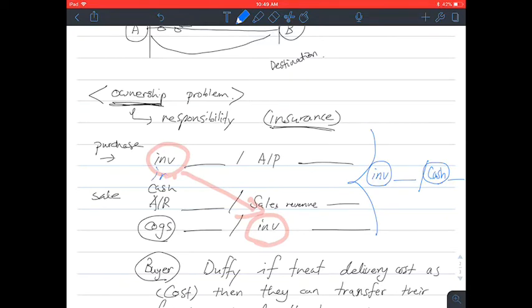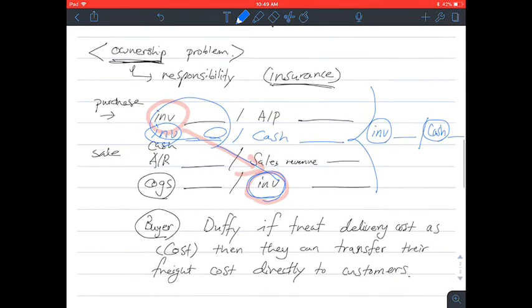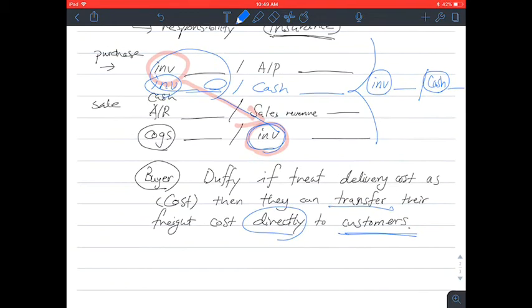If inventory is increased by some portion and cash is out, then the cost is transferred directly to customers. So Duffy has nothing to lose, right?